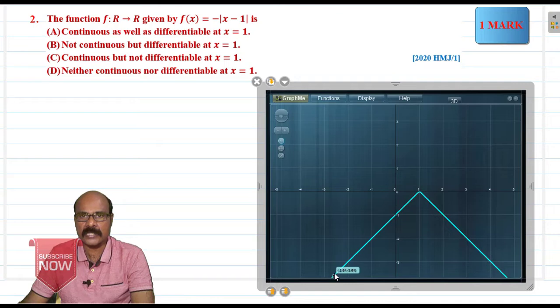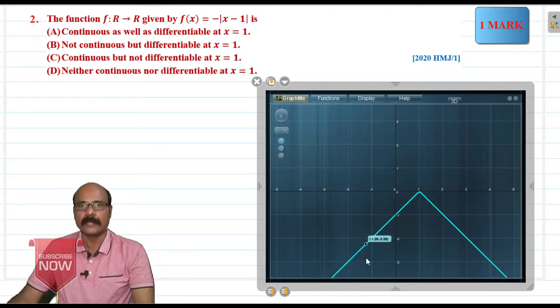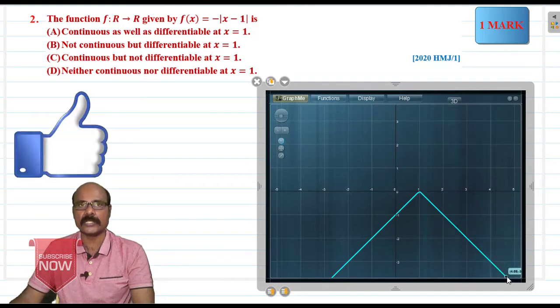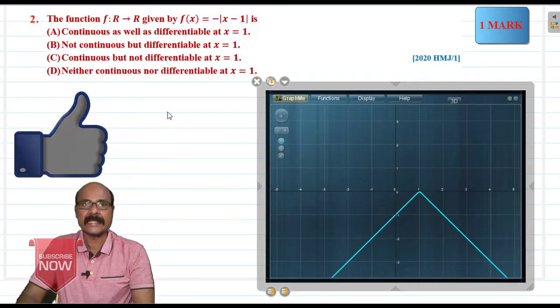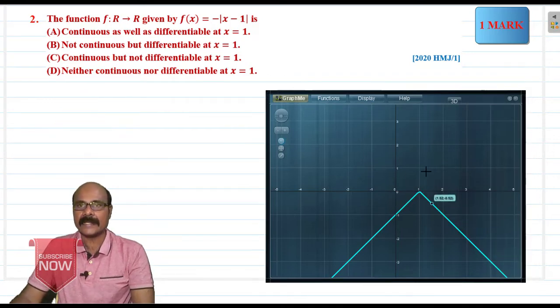If we observe this graph, it is very clear that the given function minus modulus of x minus 1 is continuous throughout the real number system. But now we need to check at x equal to 1 whether it is differentiable or not.